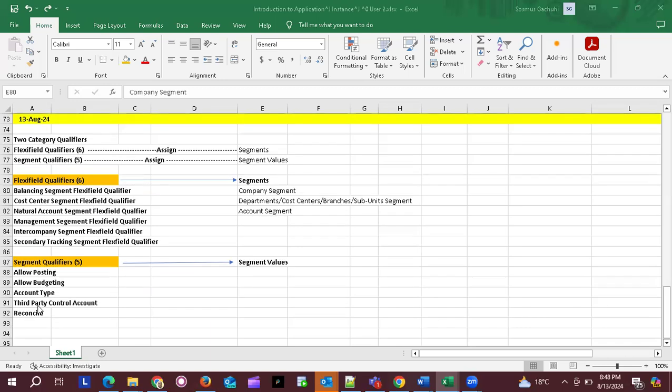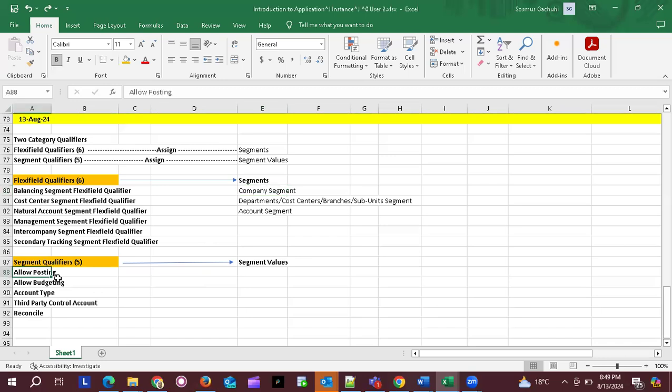So when we are talking about segment qualifiers, we will discuss more about them at the time of implementation. But mostly you'll find they give an account.